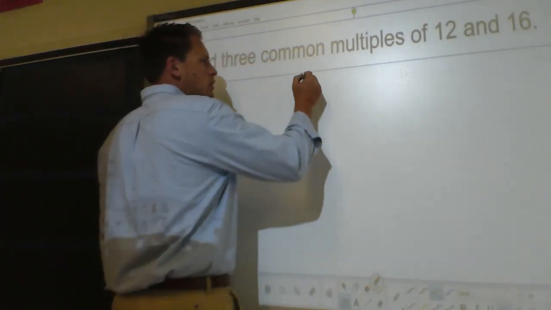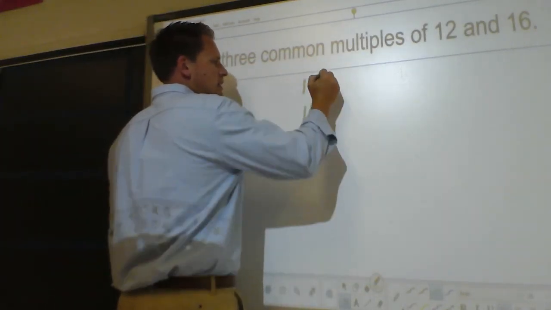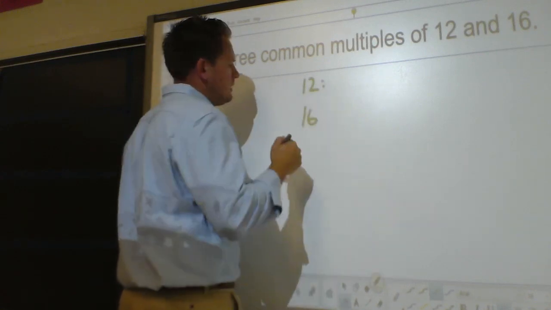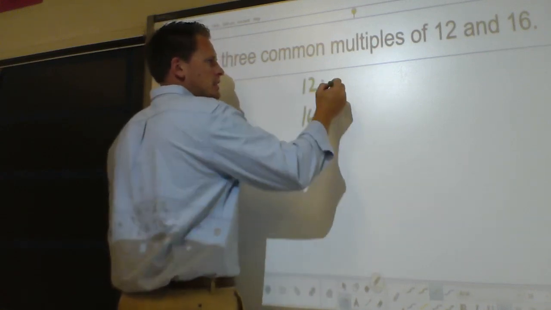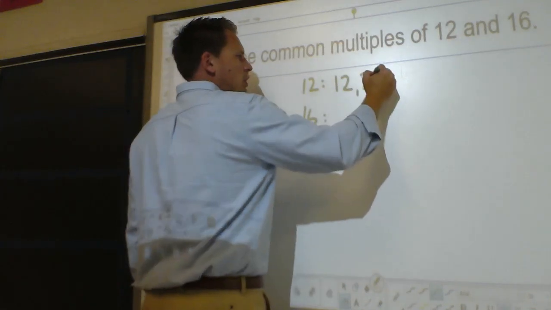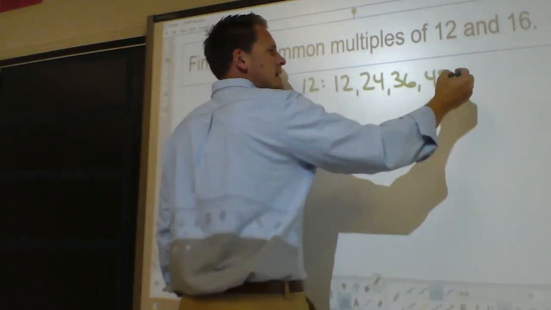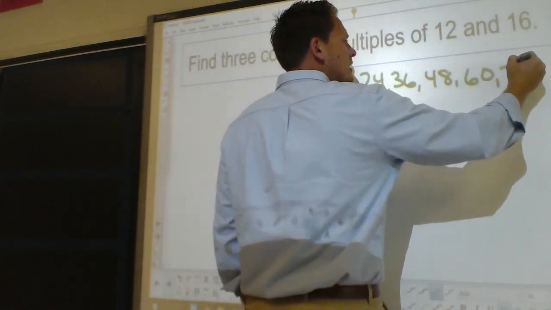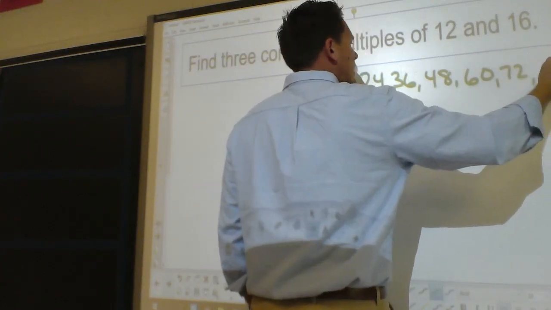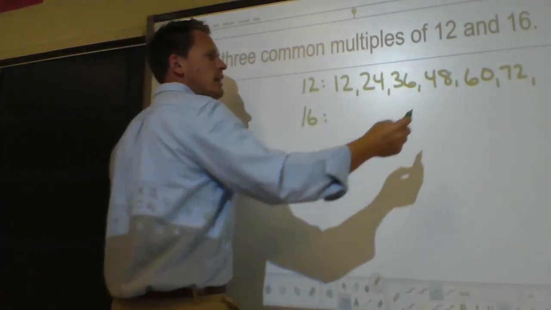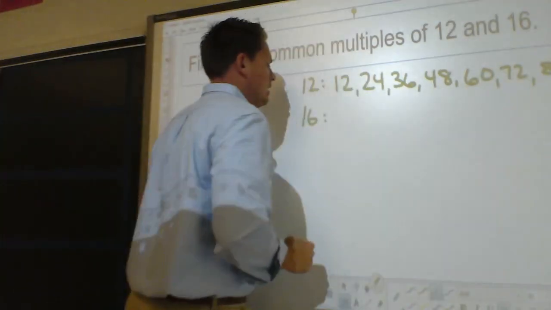So here we go. We've got 12, 16. 12s I feel like are going to be all right. 16s, not so good on my 16 times 8. 12, 24, 36, 48, 60, 72, 84, right? All right, 16.